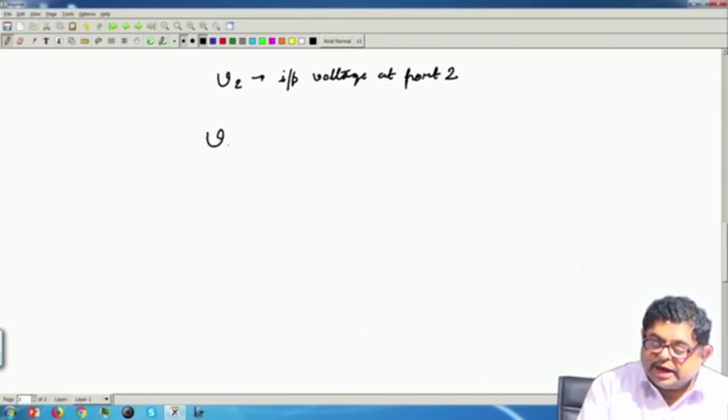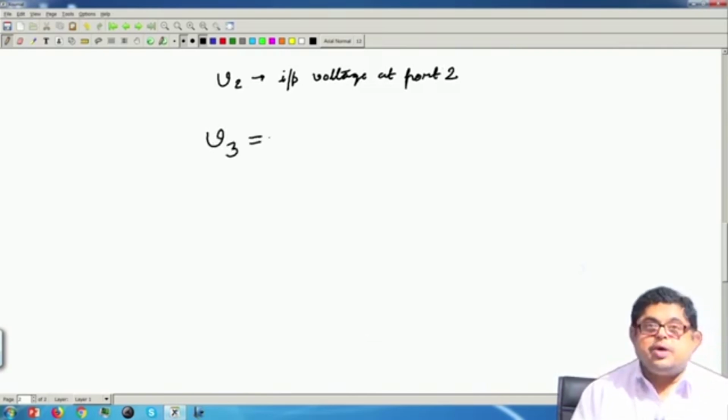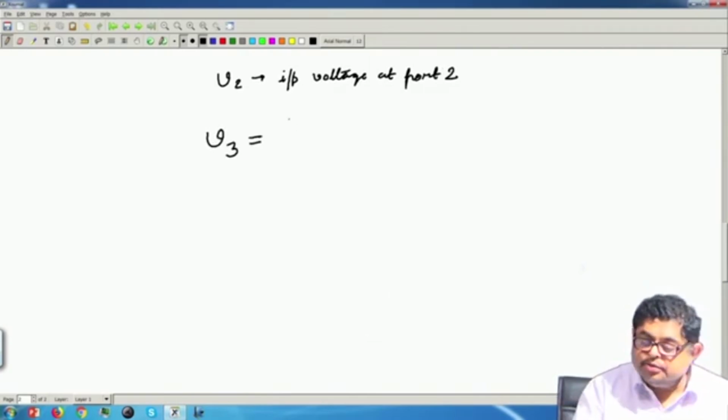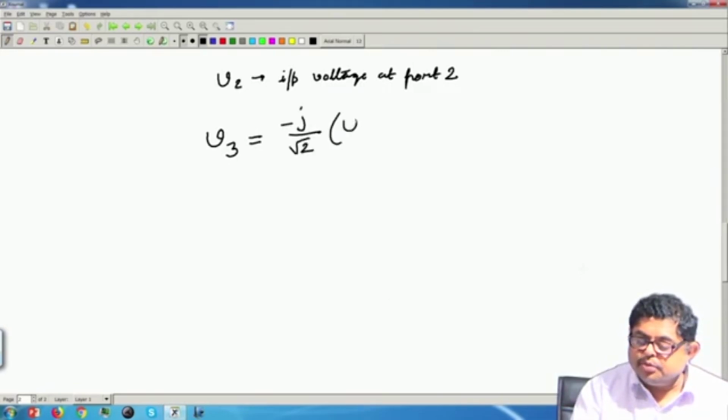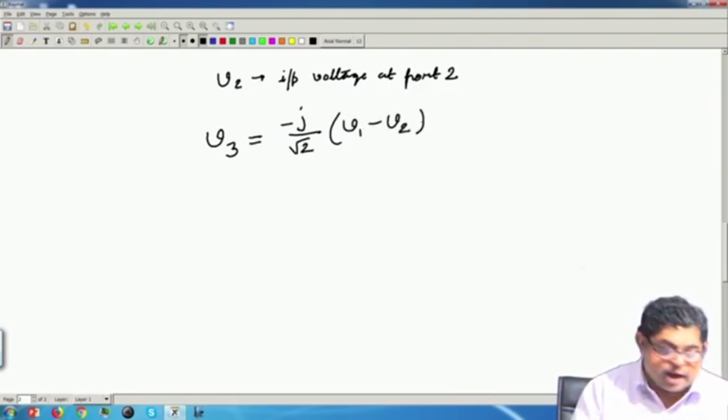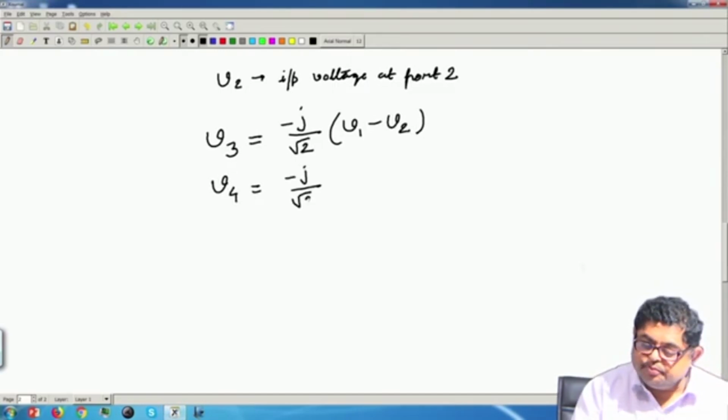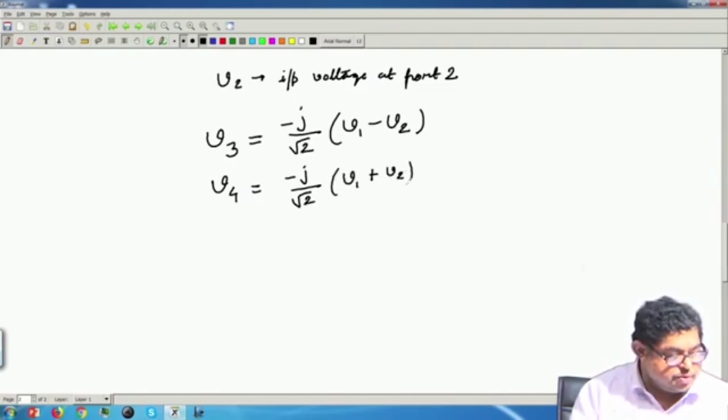So, from the scattering matrix easily we can write what V 3 will be. V 3 will be minus j by root 2, V 1 minus V 2, and V 4 will be minus j by root 2, V 1 plus V 2.